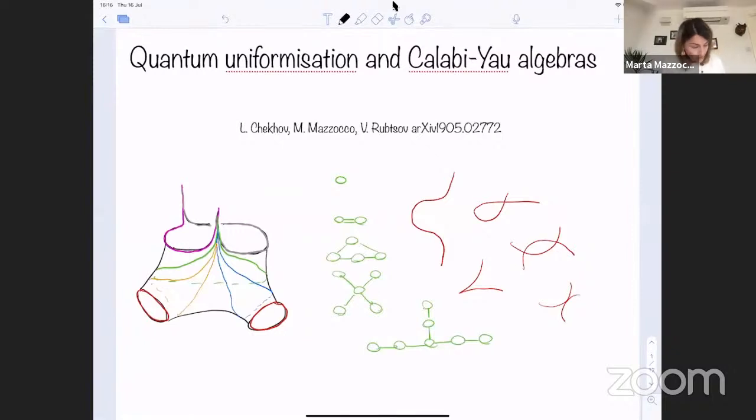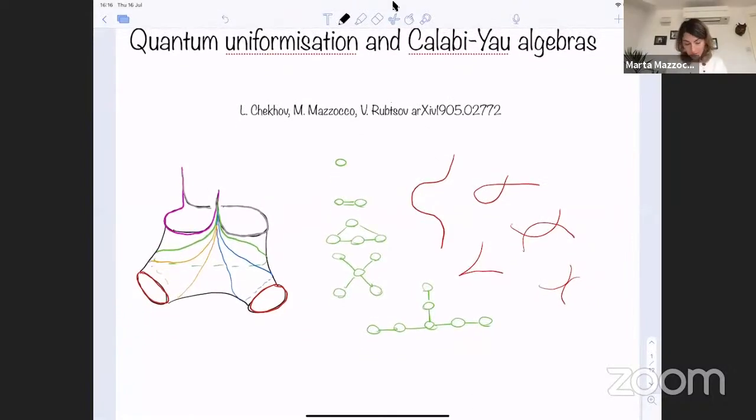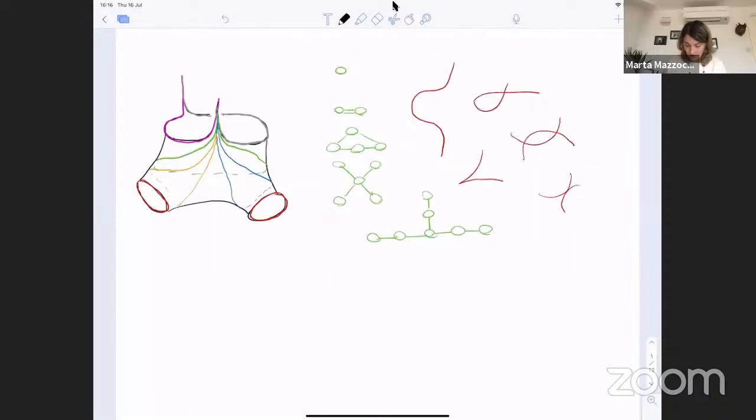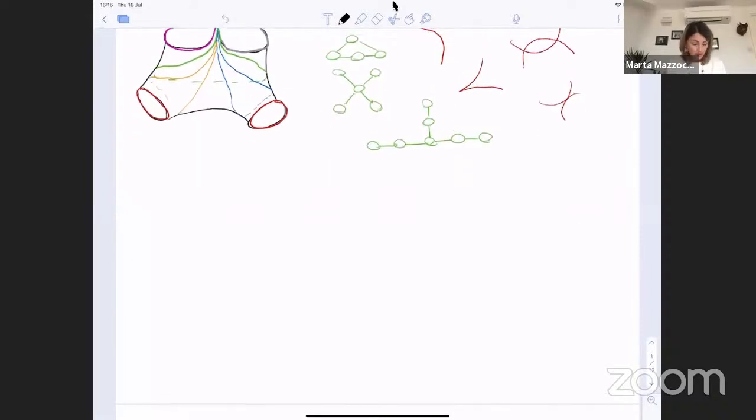Okay, so I will start with a little bit of motivation for this story, which comes out of mirror symmetry. In mirror symmetry, you have two sides, the so-called A side and B side.